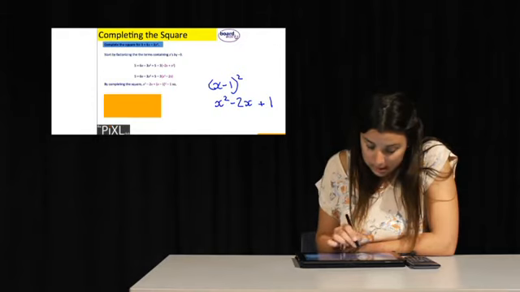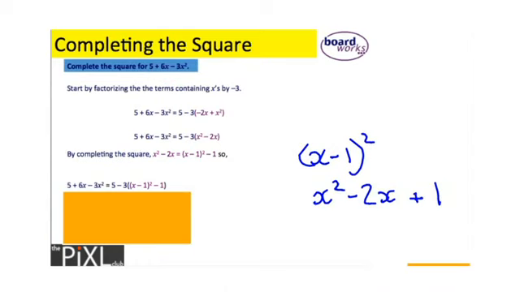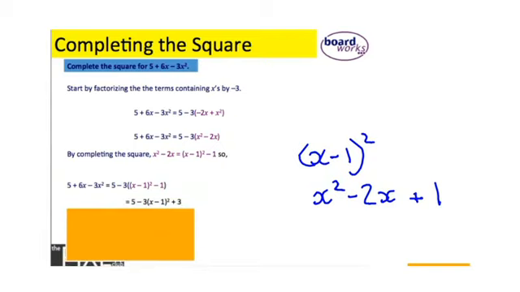So if we look at our next stage of our working out, we have here all of our terms, x minus 1 squared, minus 1, all in a bracket. See there in the purple. And it's -3 in front. So we're going to get rid of the -3. So what we need to do now is to multiply our -3 by our -1. -3 multiplied by -1 is +3.